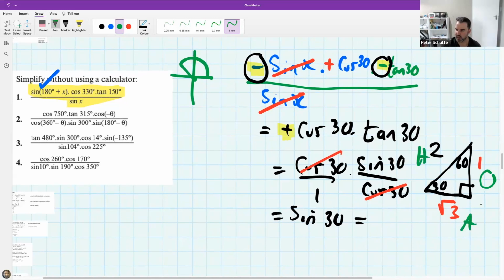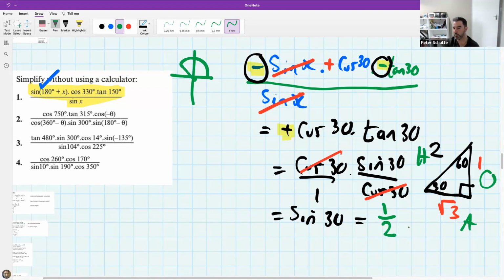Sine is O over H. So that would just be 1/2, which would be a half.